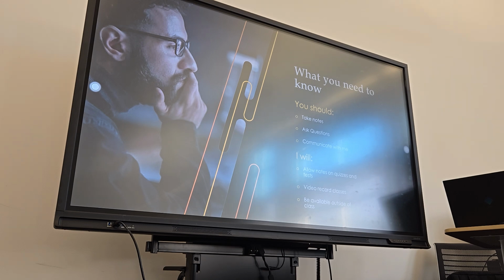Generally, if I'm in my office and not in a meeting or something like that, my door is going to be open. If the door is closed but the light is on, I may not be in my office, but I am on campus. If the door is closed and the light's off, I'm not on campus.